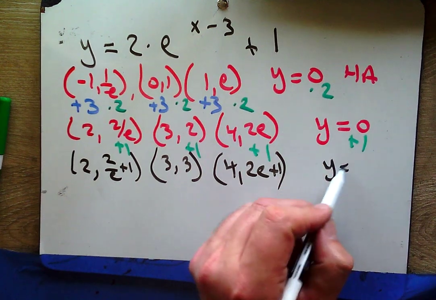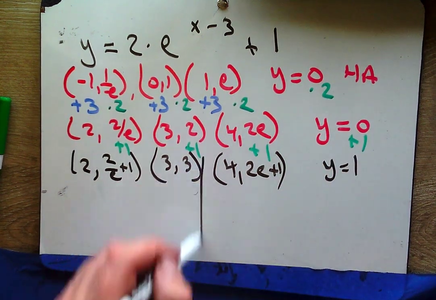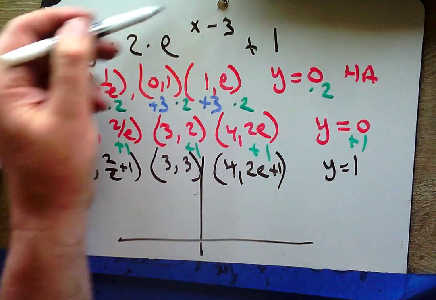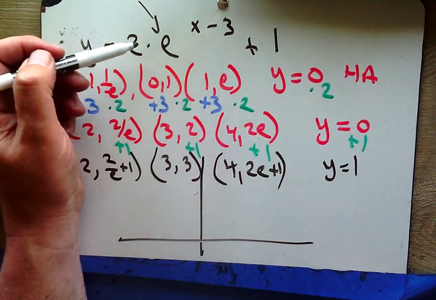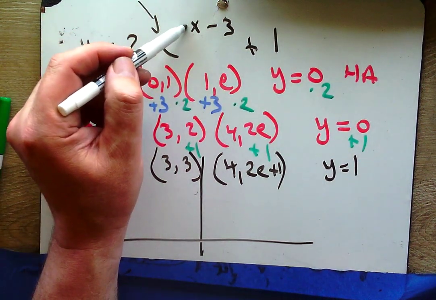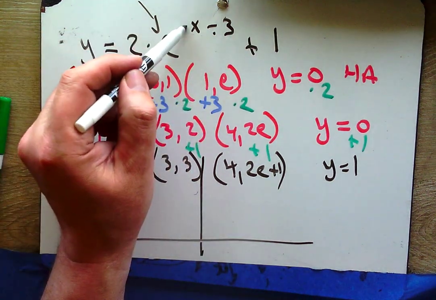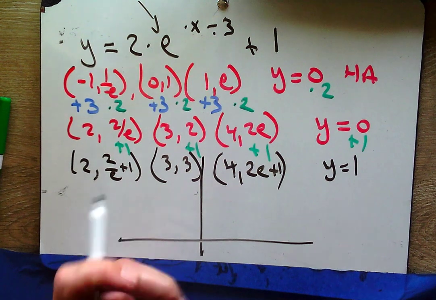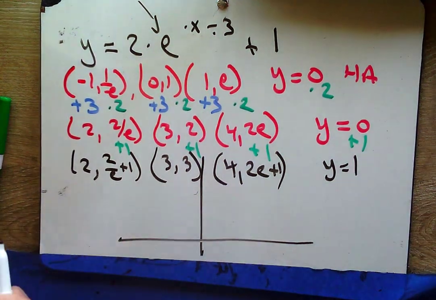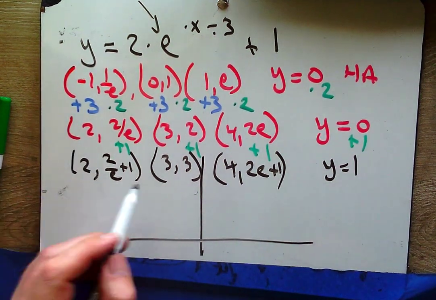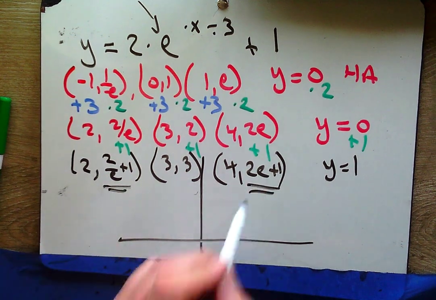And of course, y equals 1 for the horizontal asymptote. Now, I see exponential growth here. The base is bigger than 1, and I don't have a negative here. That negative shifts the graph right 3. This negative would reflect across the x-axis. Are you uncomfortable with these?